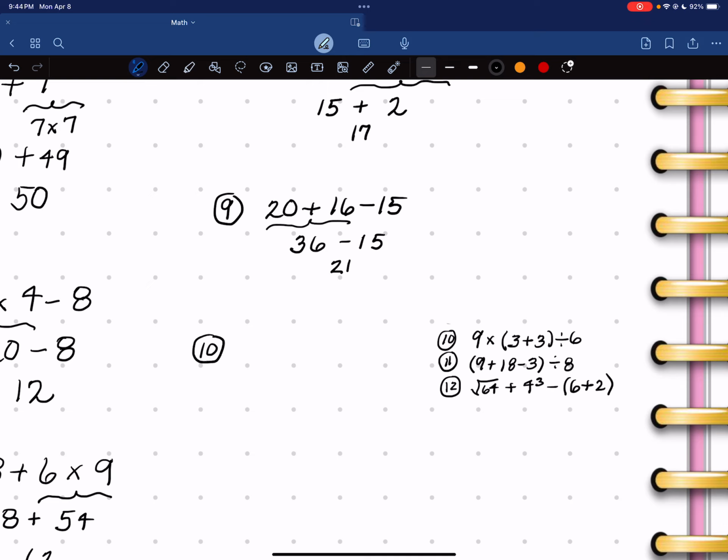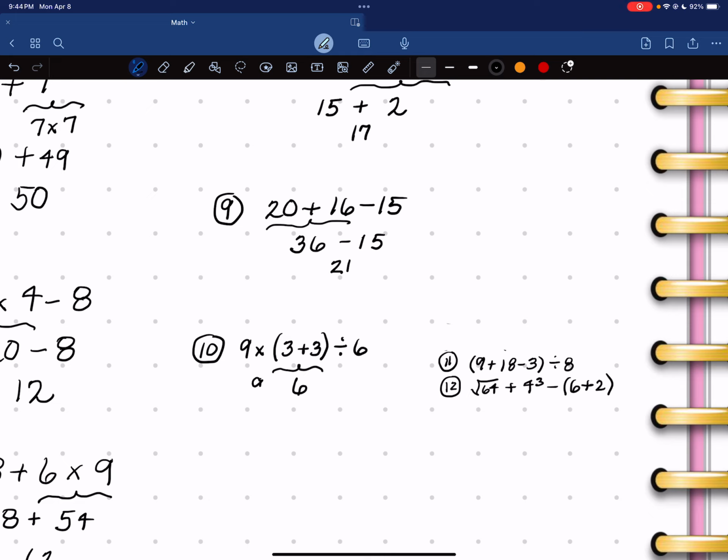Number 10. I have 9 times parentheses 3 plus 3 parentheses divided by 6. So this is a little bit more complex than the ones we've seen so far. These gradually get more difficult. Grouping symbols first. So 3 plus 3 is 6.